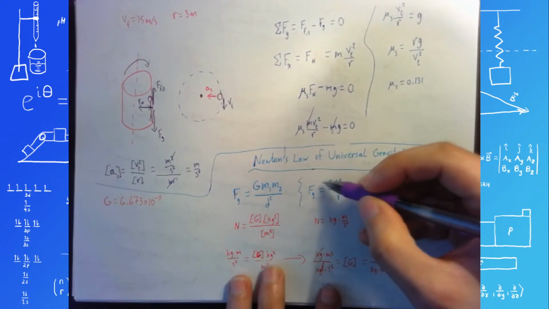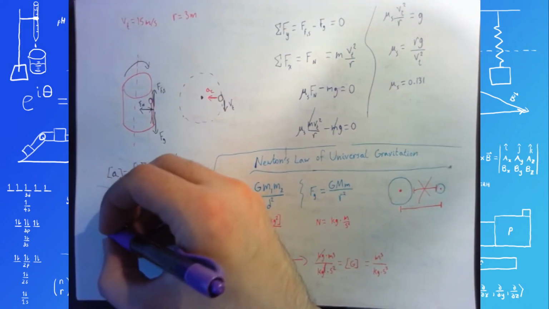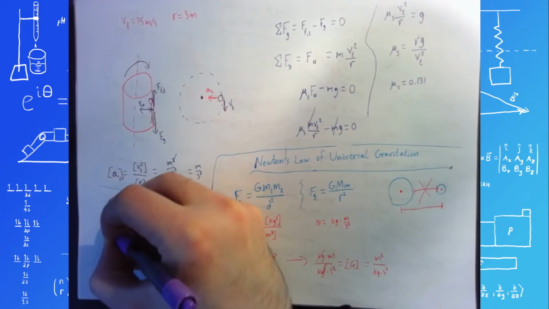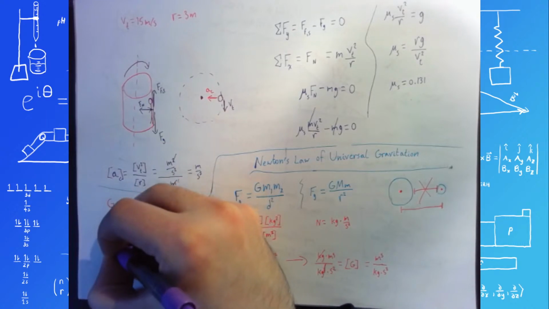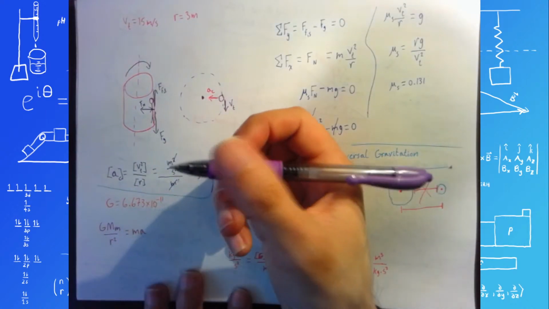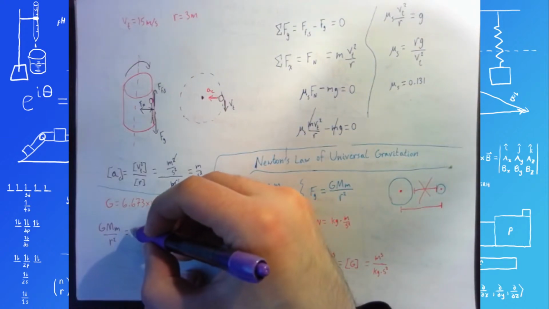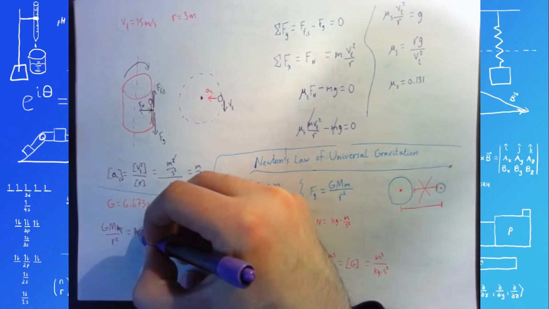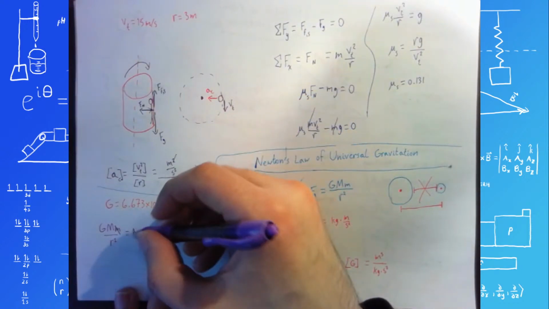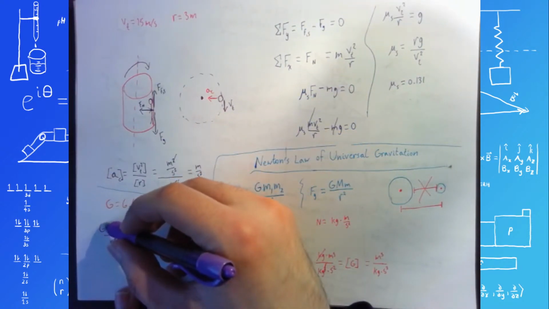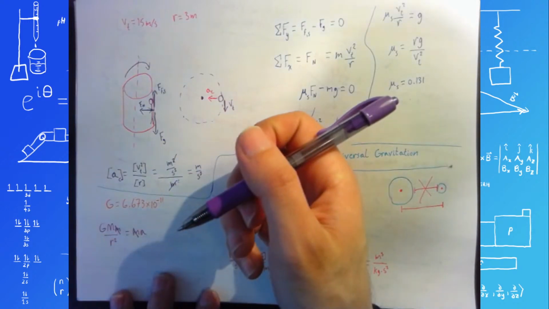If this is the only force acting on the object, then we can say that this gravitational force, GMm over r squared, we can just set this equal to ma. I'm saying little m here would be the smaller mass, and then big M would be something like a planet. And so you get the acceleration due to gravity is equal to big G times M over r squared.